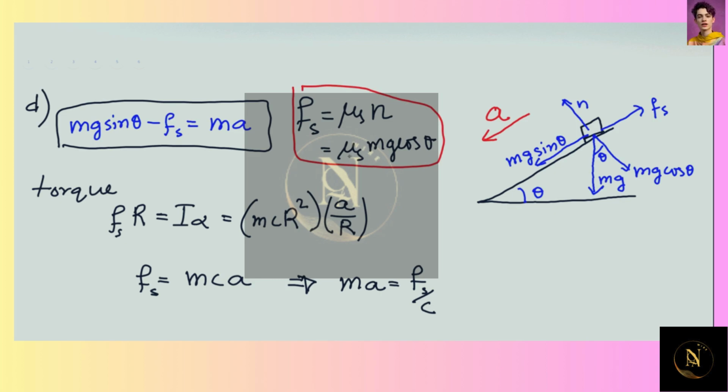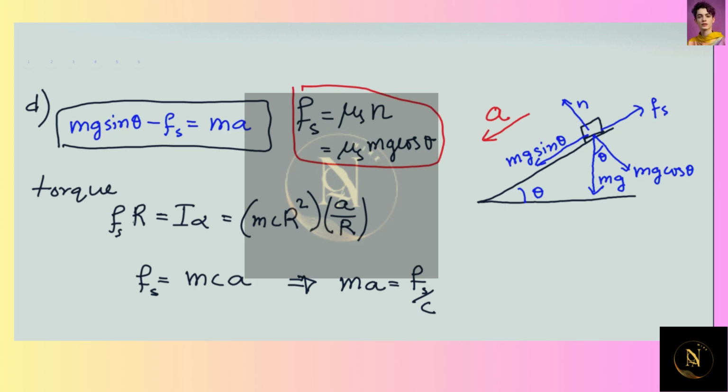Now for the torque portion, we'll have Fs times r, because we don't need mg, because mg is acting through the center. If the force is acting through the center, there's no torque involved there. So we'll just take the frictional force part.